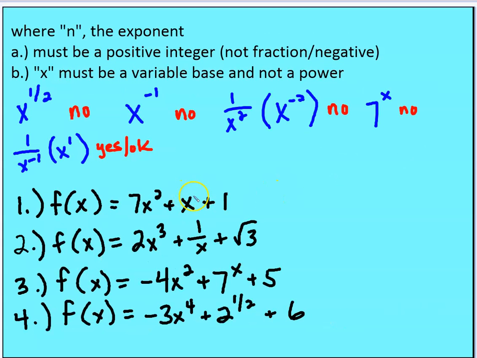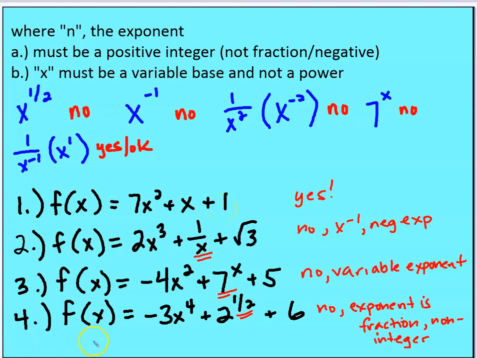All right, so let's just do this on our own. Hopefully you had a moment to look at these functions and decide if they were polynomial functions or not. First one, yes, meets all the criteria, descending order, it's in standard form.